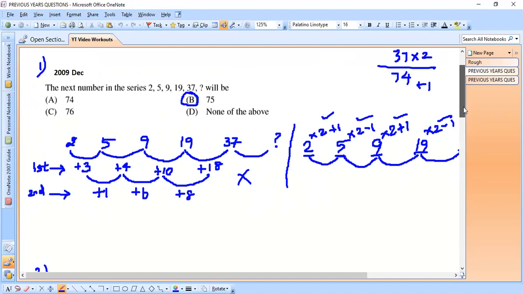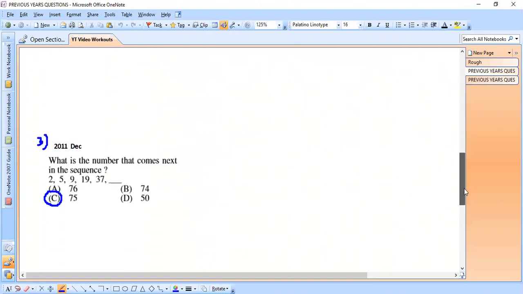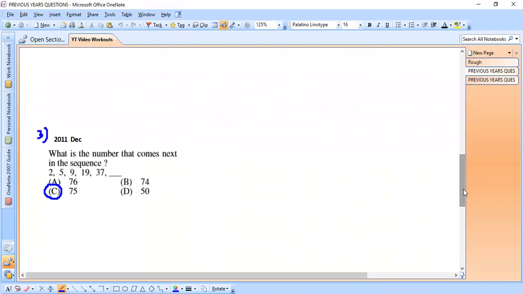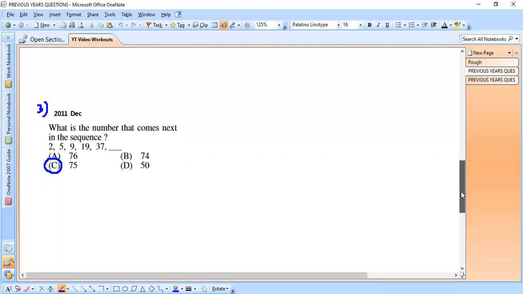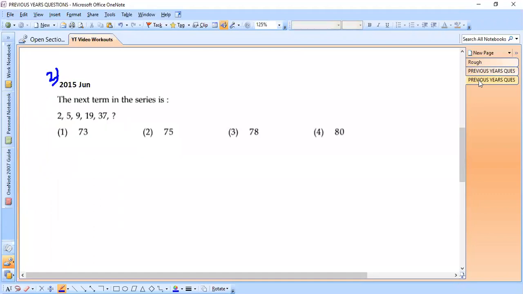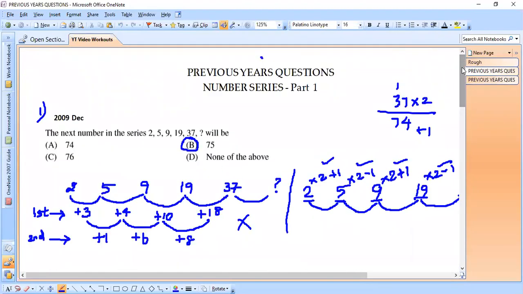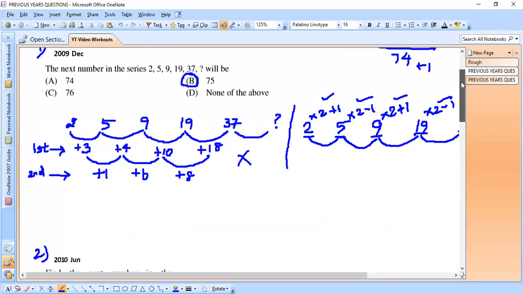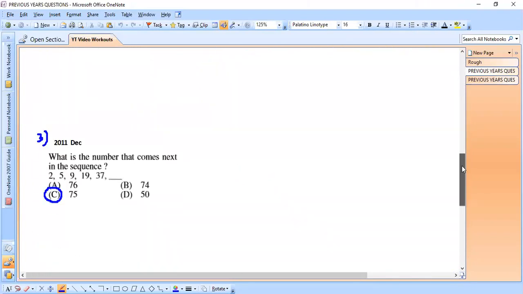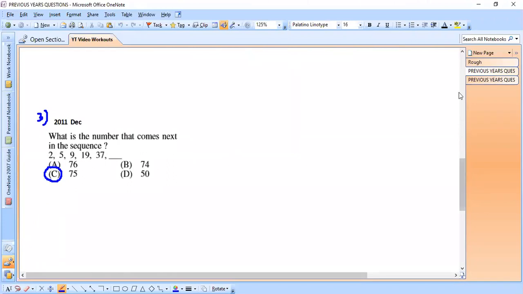And the same question was repeated here. Yesterday itself we saw the repetition: the same question was repeated in 2011 December, 2, 5, 9, 19, 37. And it is the same question we have now also. So 2009 December we got this question, and 2011 December we got the same question for the second time.